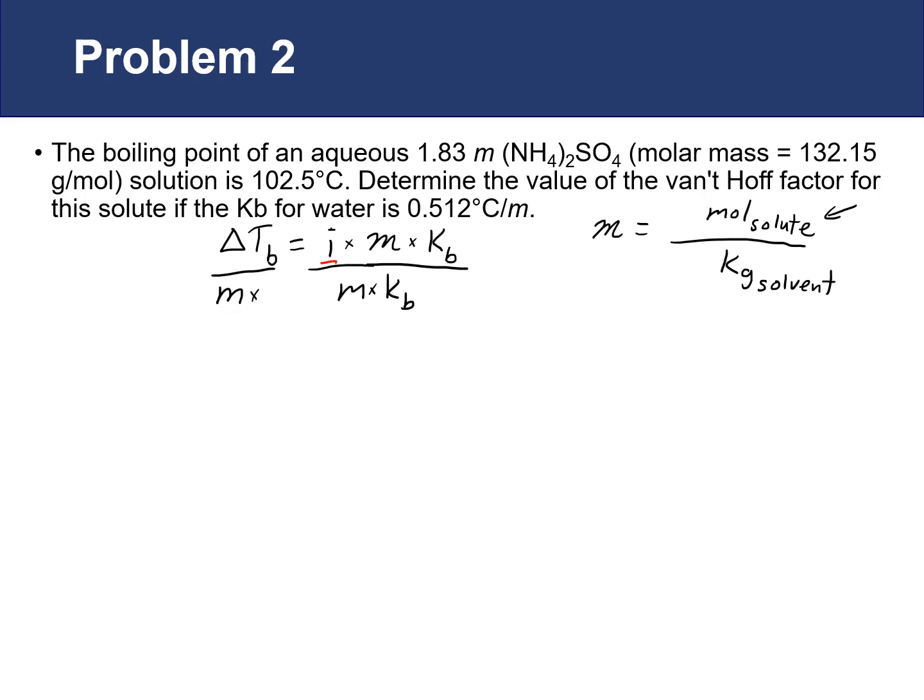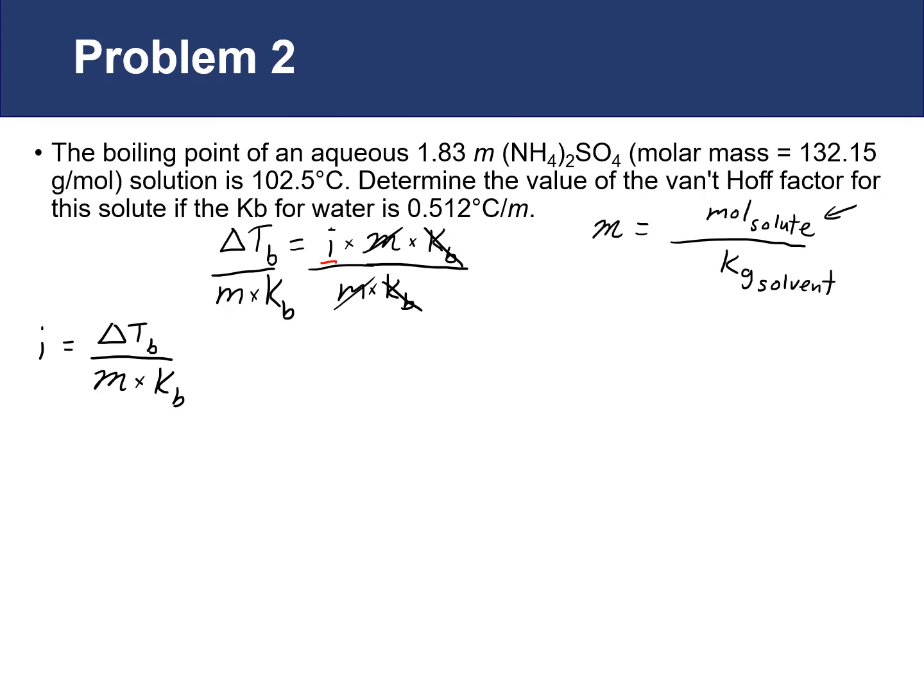On the right-hand side, the molalities cancel out, the boiling point elevation constants cancel out, giving us i. So what we get is our Van Hoff factor, i, is equal to the boiling point elevation, how much our boiling point increases by, divided by the molality of our solution times our boiling point elevation constant.